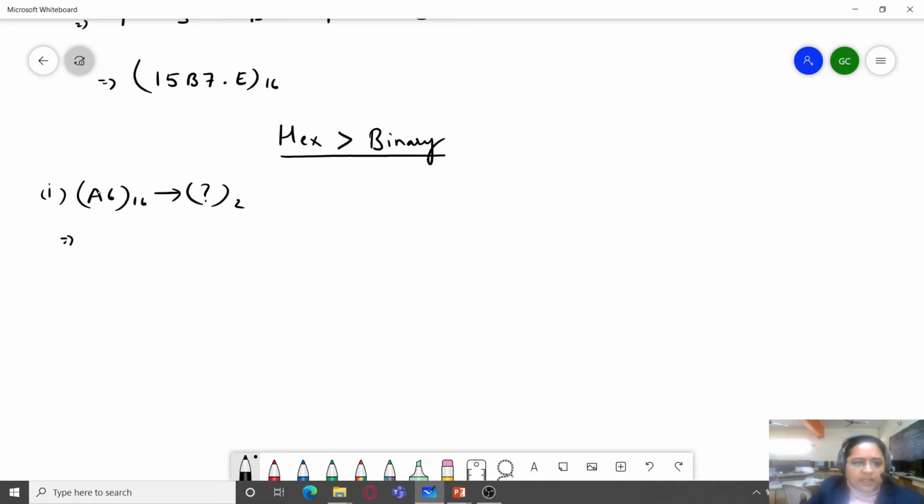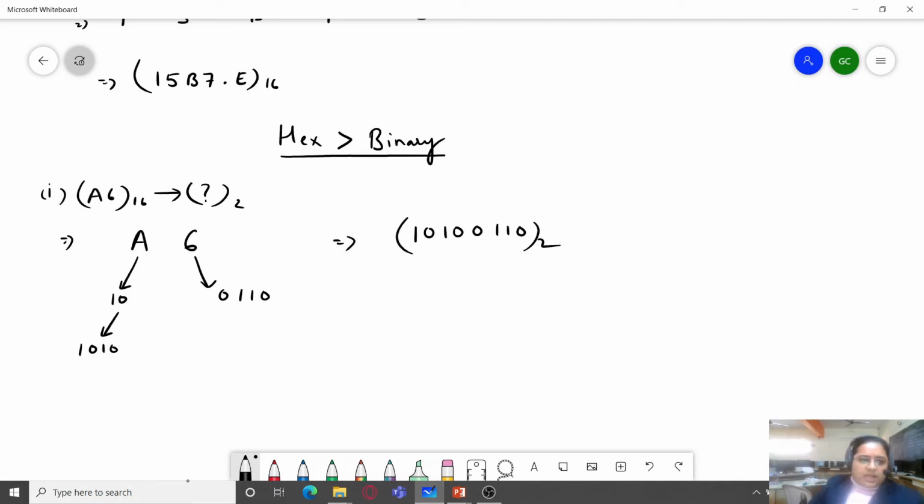Just like in the case of octal to binary, where we used to write every octal digit in the form of 3 bits, here we will write every hexadecimal digit in the form of 4 bits. So A corresponds to 10, whose binary equivalent is 1010, and 6 is 110, that is 0110, which can be written as 1010 0110. So this is the answer for A6.